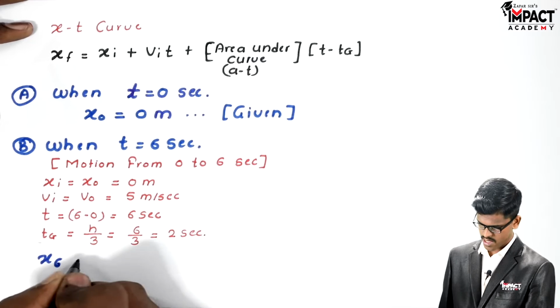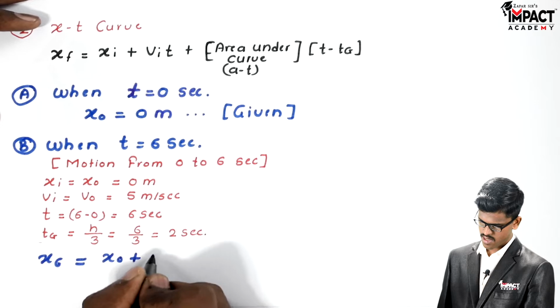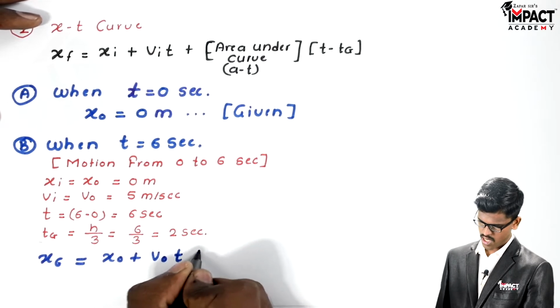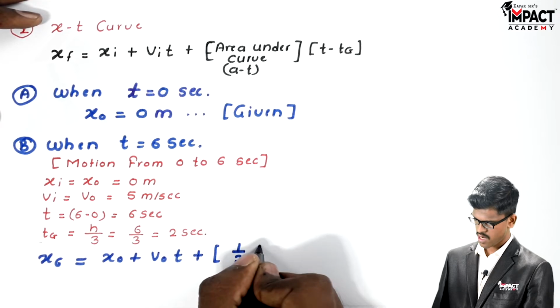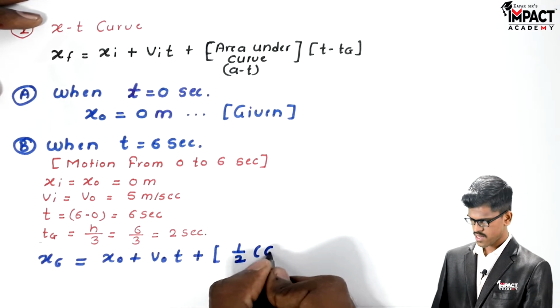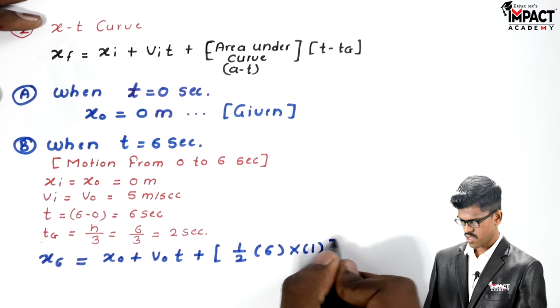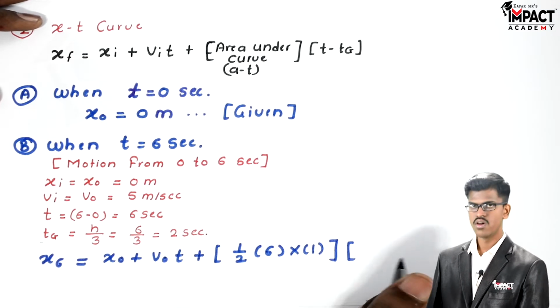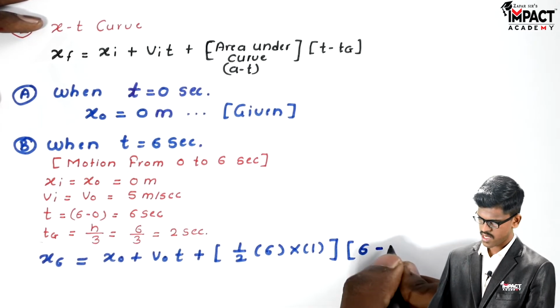So x6 is equal to x0 plus v0 into t plus area under the curve, which is a right angle triangle. Base is 6 and height is 1, into t minus tg, 6 minus 2.